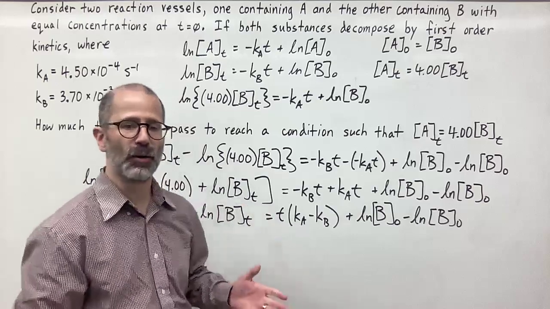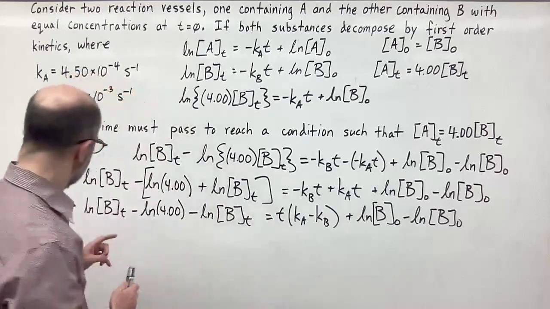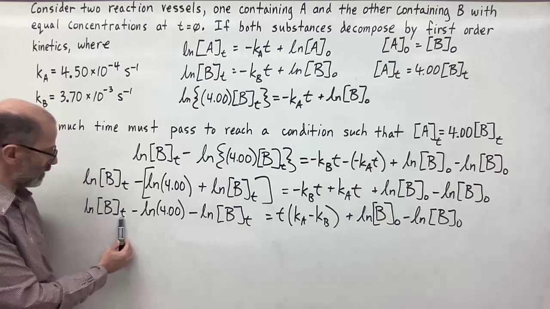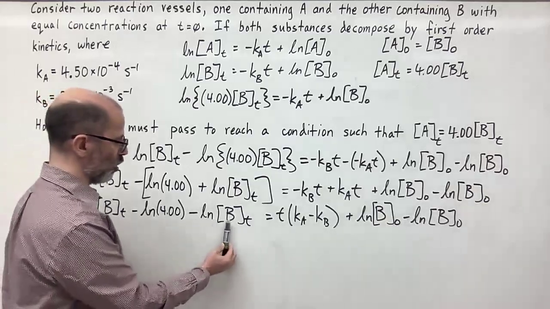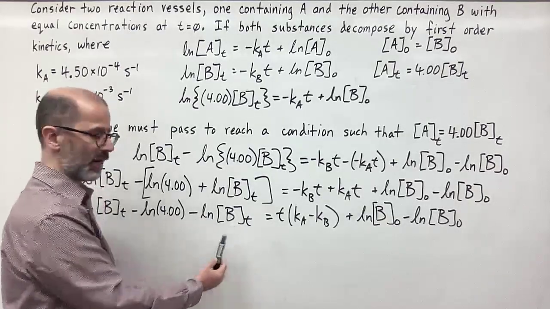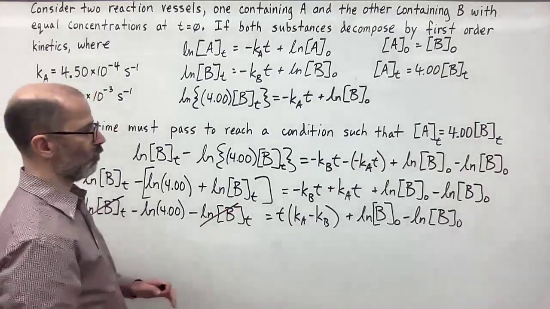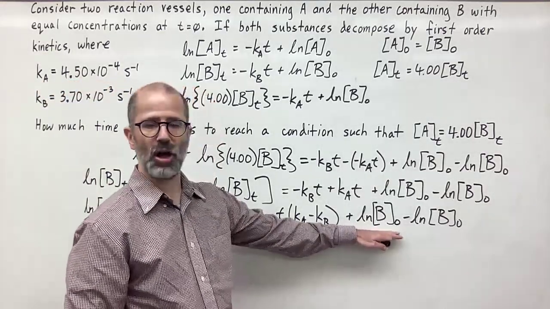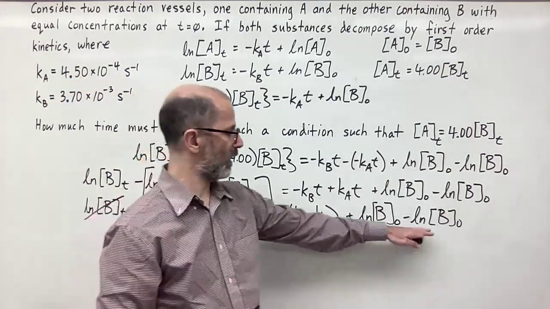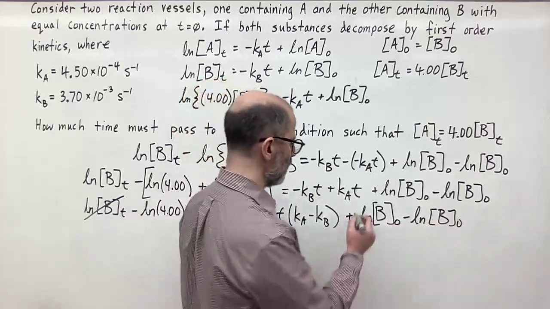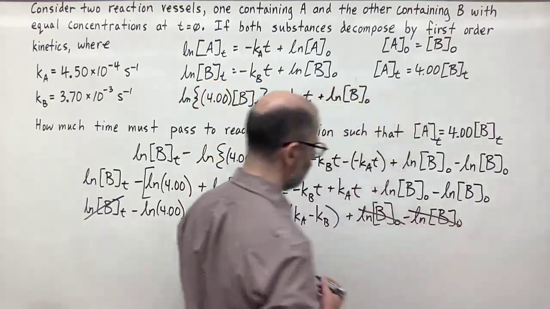Well, I'm going to do that now. So here I have the natural log of the concentration at time t, and I have negative natural log of the concentration of B at time t. So those are going to cancel out. And then over here, of course, the natural log of the initial concentration of B minus the natural log of the initial concentration of B, that's going to cancel out.